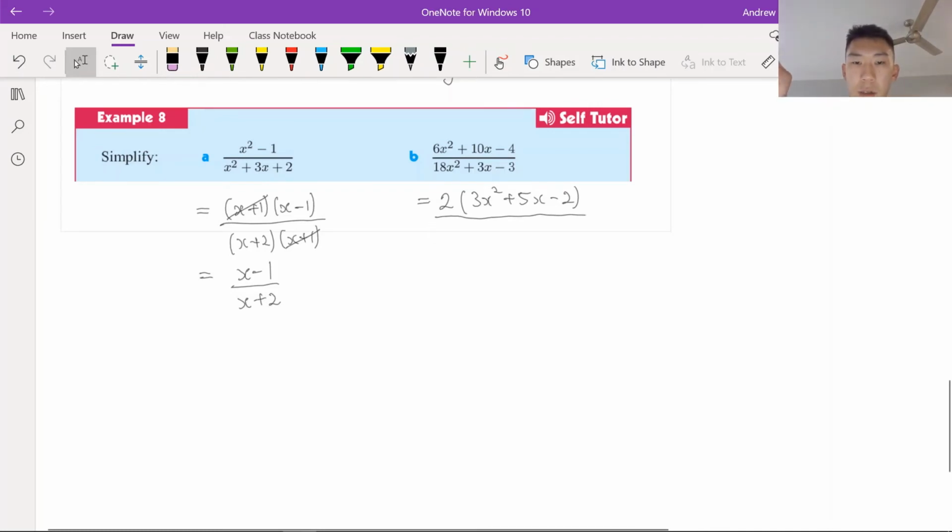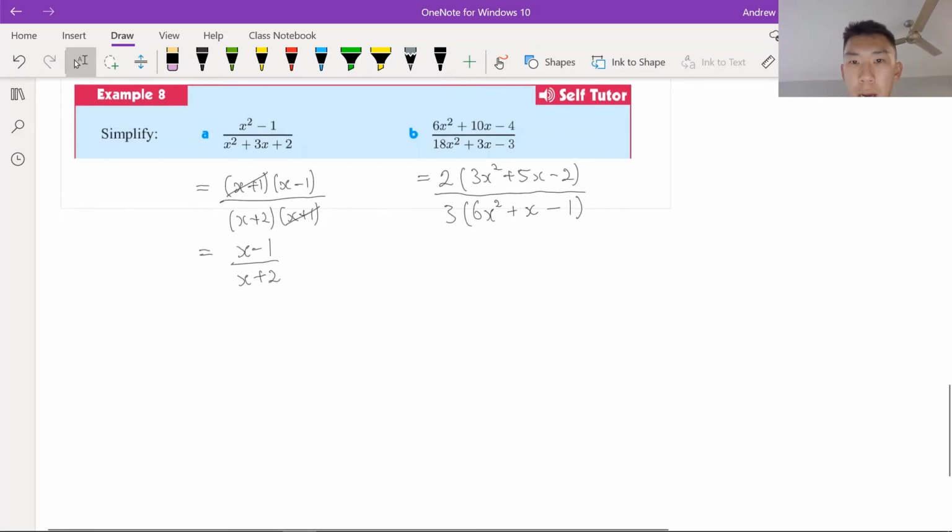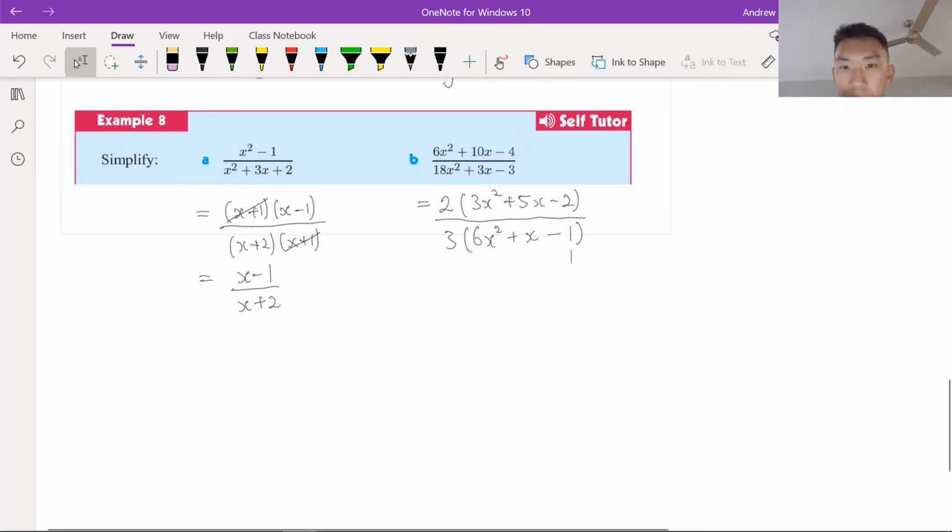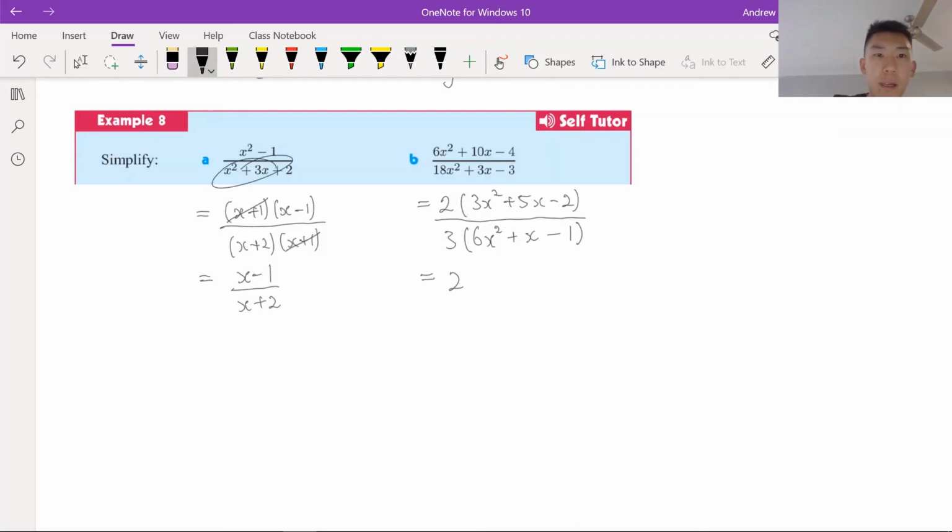And then in the denominator, we have a common factor of 3, so we have 6x squared plus x minus 1. These are just a little bit harder to factorize, a little bit longer because they're non-monics now. See, we got 3 and 6. It's not as straightforward as this one.